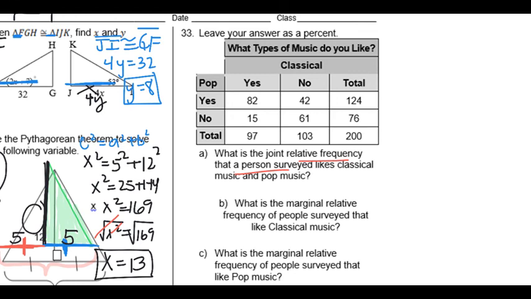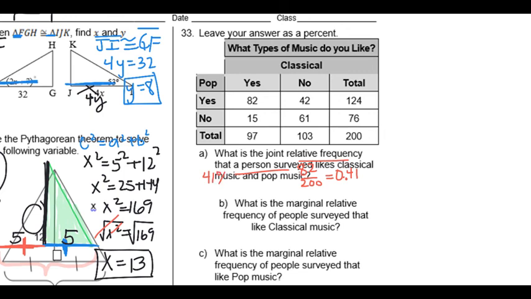Yes, they like pop at the same time. It's going to be 82, so it's going to be 82 over 200. And if we change that into a percent, the 82 goes in your calculator first, then you divide by the 200. That gives you 0.41, and if you turn it into a percent by multiplying by 100, it becomes 41%.